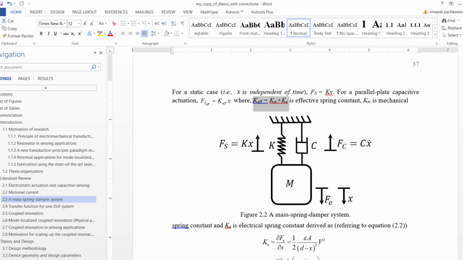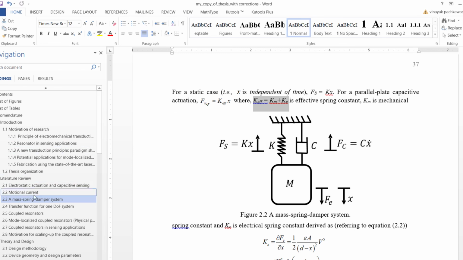So K effective becomes 10 minus 1, 9 Newton per meter. So how to understand that as a physical representation? This spring originally was 10 nano Newton per meter. Due to application of voltage, it has reduced its value.